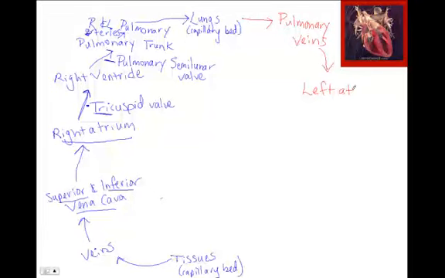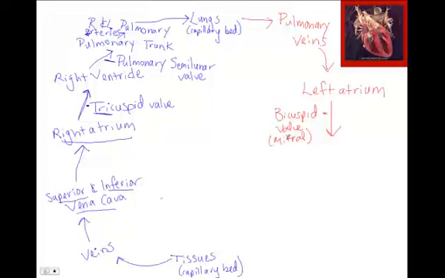Then the left atrium is going to give a nice contraction. And as the left atrium contracts, it's going to pump blood through the left AV valve, which is now going to be the bicuspid valve or the mitral valve. Same thing.